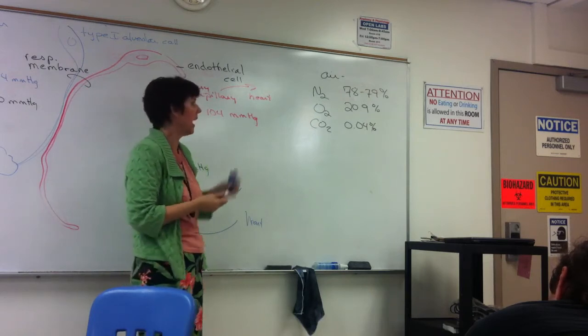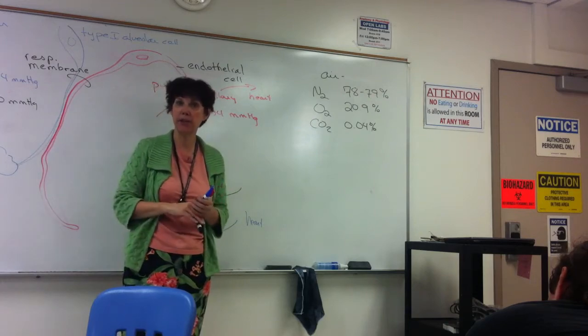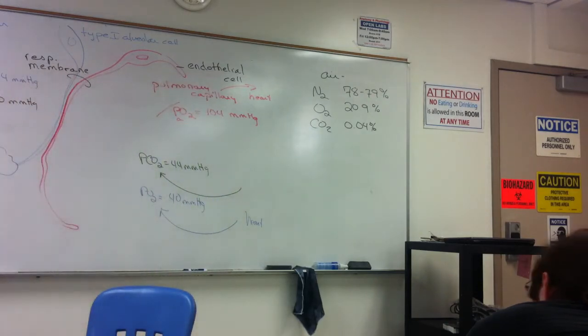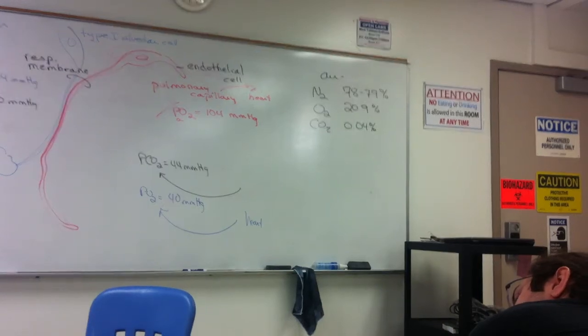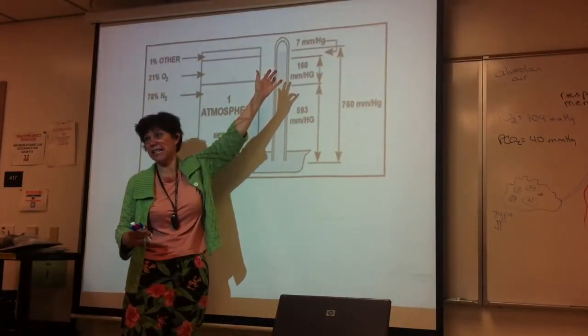Okay? Now, as we translate that to what it means by partial pressure, remember I diagrammed that tray of mercury when I was explaining millimeters of mercury? All right, so here's an illustration of that again. So atmospheric pressure at sea level is 760 millimeters of mercury, meaning that as all of the air molecules at sea level are pulled by gravity onto the surface of the mercury tray, it would push the line of mercury up to 760.